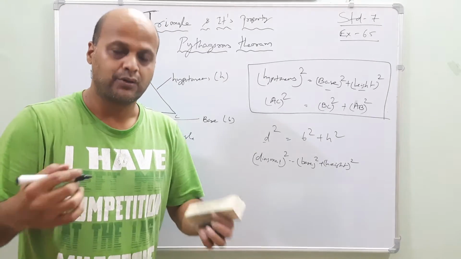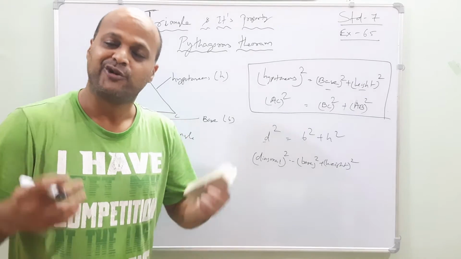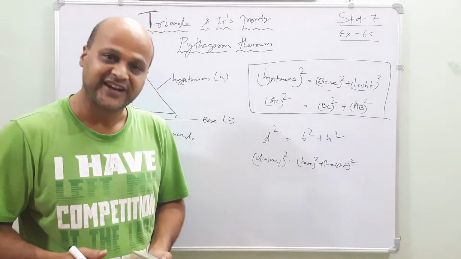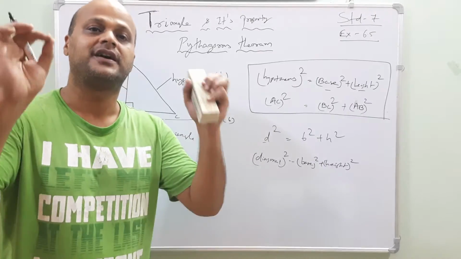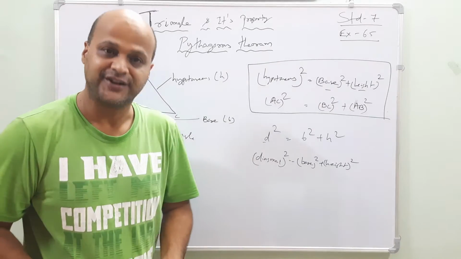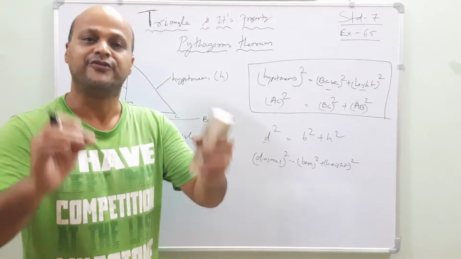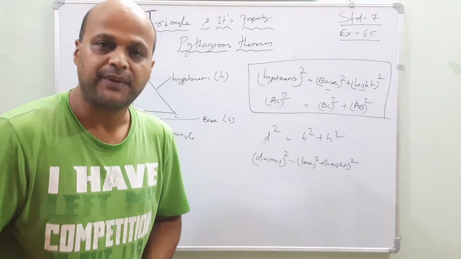Let's discuss one by one from your exercise and we will learn it, so that it will be very easy for you, my dear friends. So first, whatever I told you, remember the funda: the rule, the theorem. Understood? Pythagoras theorem. If you remember this one, you can solve any problem related to the Pythagoras theorem.